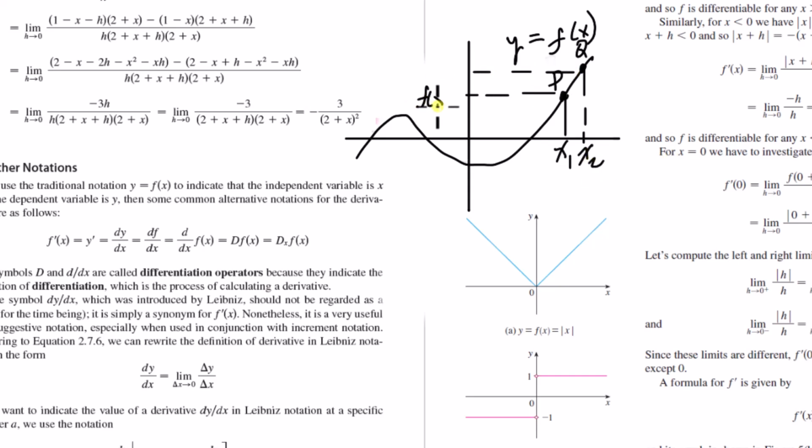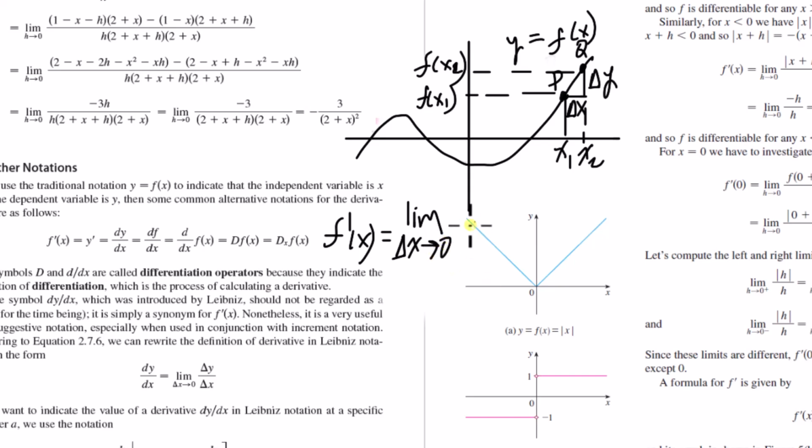So this is f of x1 and f of x2. And so this is delta x, and this is delta y. So the difference quotient is just delta y over delta x. And so for the derivative, you take the limit as the denominator of the difference quotient approaches 0 of the difference quotient.